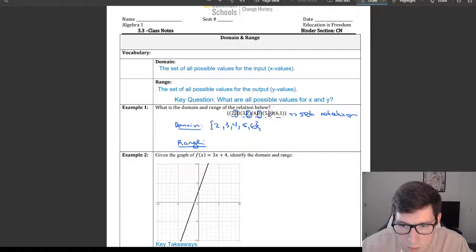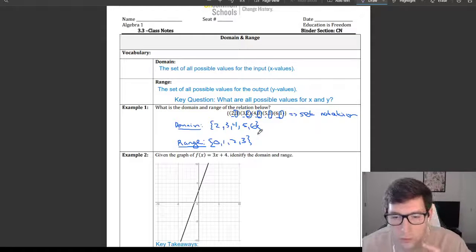So for my range, I'm going to do these numerically so that I have my lowest on my left and I count up. So I'm going to have 0, 1, 2, and 3. Now notice in our range, we actually use 1 twice, right?